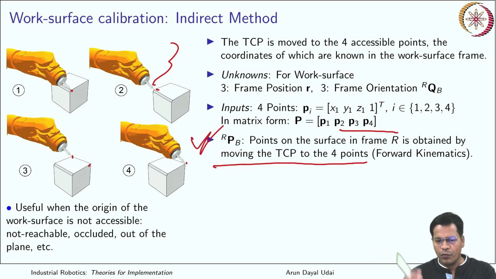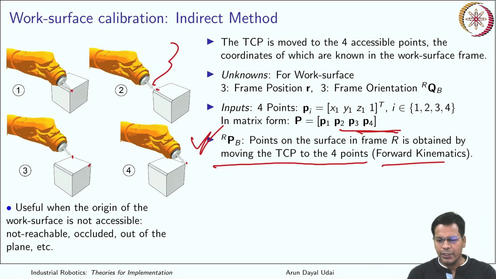So now when you brushed your TCP to all the 4 locations, points on the surface in frame R, that is the robot's frame, are obtained. Okay, that is using forward kinematics. So 2 things are now known: the same points in the robot's frame and the same points in your base frame, that is your work surface frame.